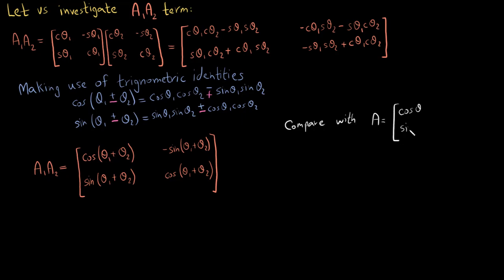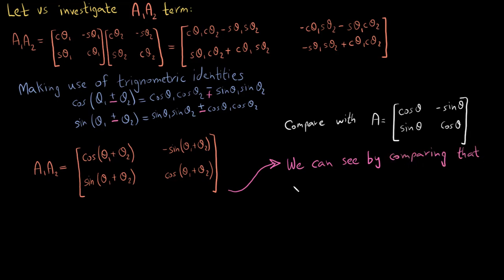So now you can compare this with the original rotation matrix that we wrote, which had cosine of theta, sine of theta, minus sine of theta, and cosine of theta. And simply by comparing, you can see that wherever there is a theta in the A1 A2 matrix, there is a theta 1 plus theta 2.